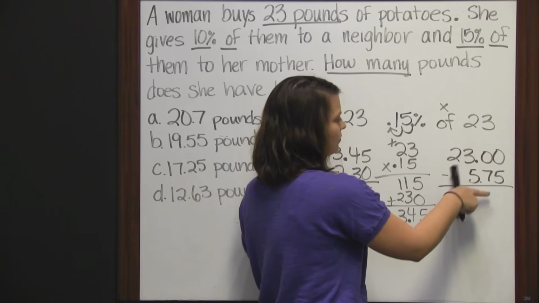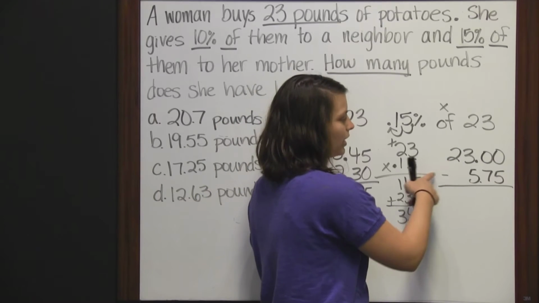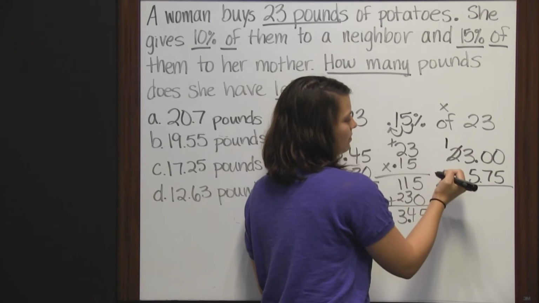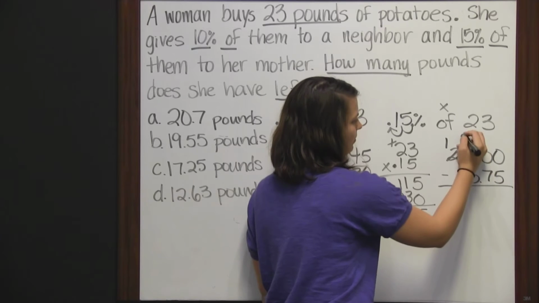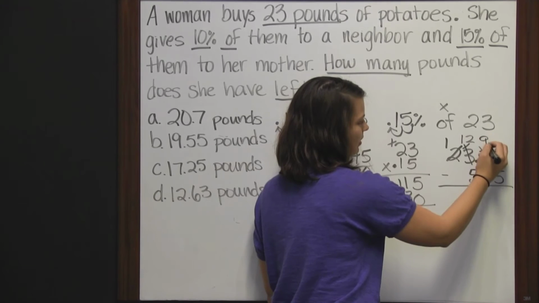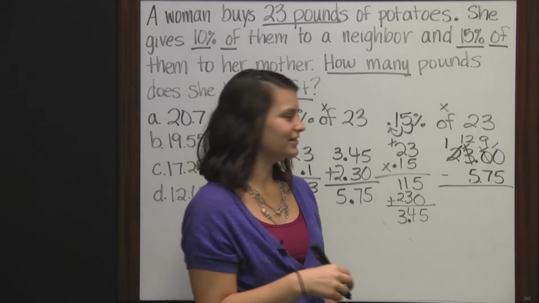We can't take 5 from 0 or 7 from 0 or 5 from 3. We're going to have to borrow starting all the way over here with the 2, and it becomes a 1. So this is 13, but we've got to borrow from that. It becomes 12. 10, but we've got to borrow from that. It becomes 9. And then finally we have a 10 there at the end.